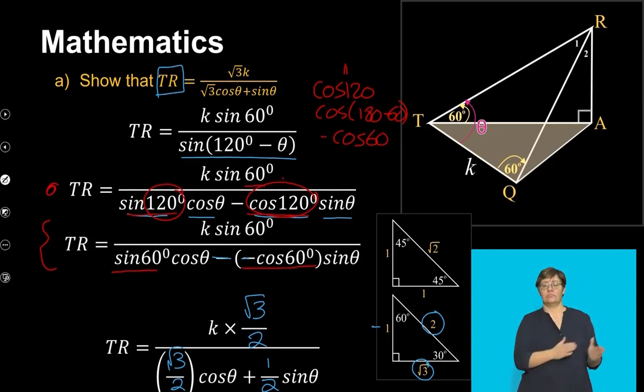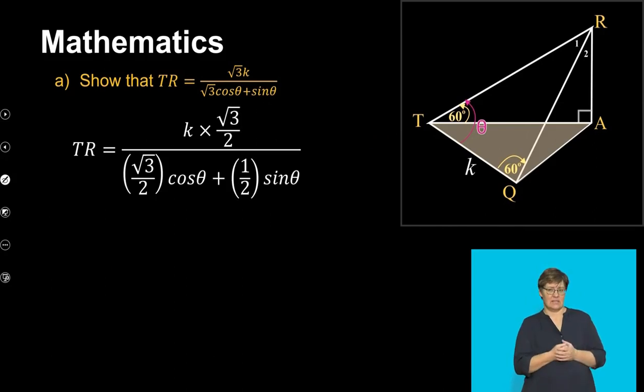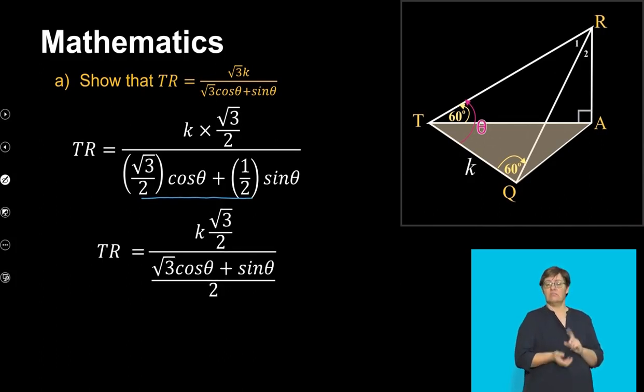Let's go write a neater version of it. Okay, so that's where we were in the previous slide. k times root 3 over 2, over root 3 over 2 times cos of theta plus half of sine of theta. Now this looks similar, but there are some things kind of wrong, because we need to find a common denominator in here. And the common denominator is 2, so let's start off there. If you find the common denominator, we're going to get root 3 cos of theta all over 2.